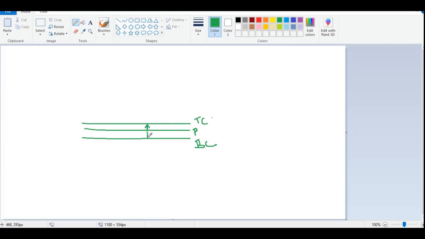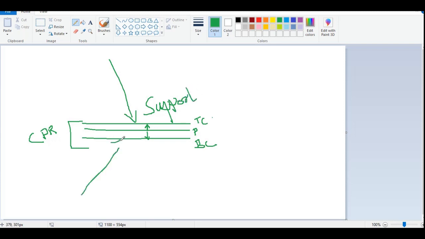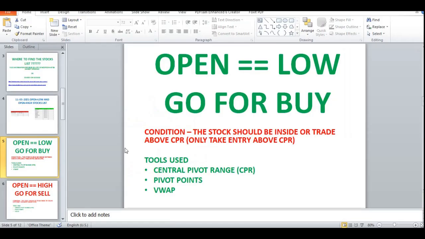There is support and resistance at this pivot. This is what we call CPR. CPR acts as a strong support and also strong resistance.